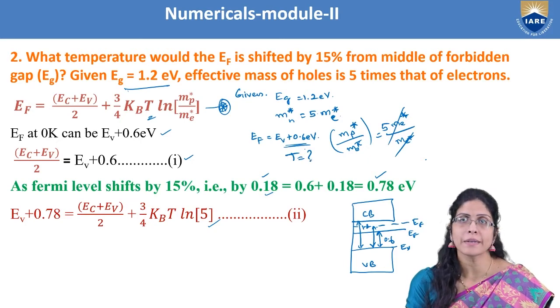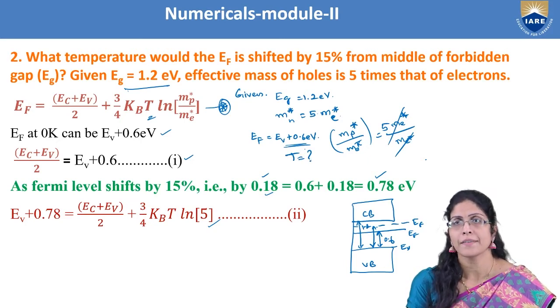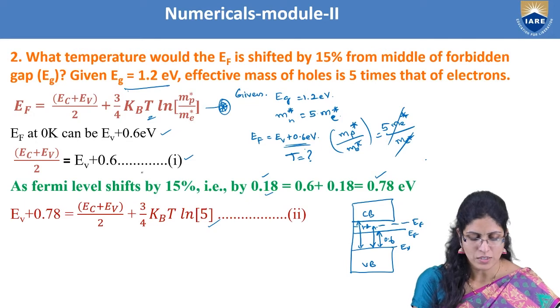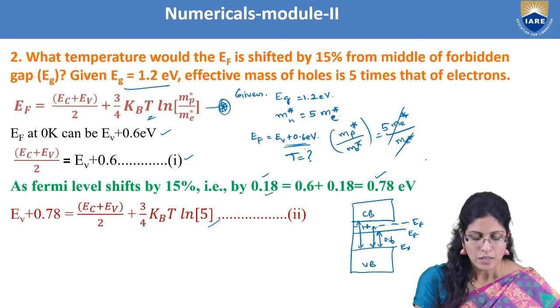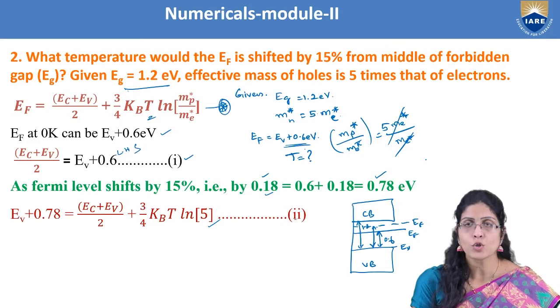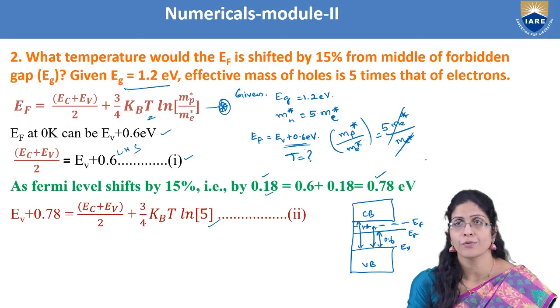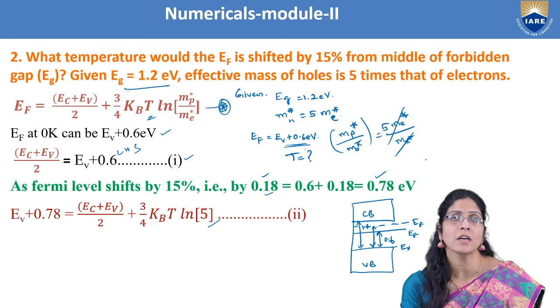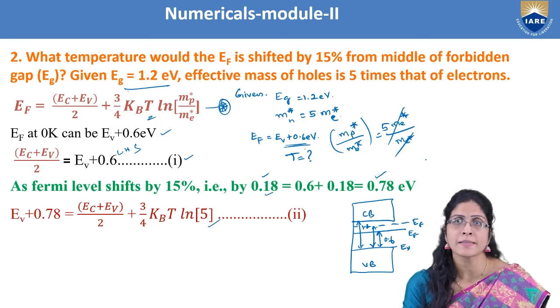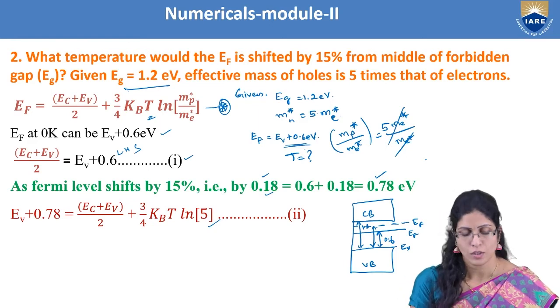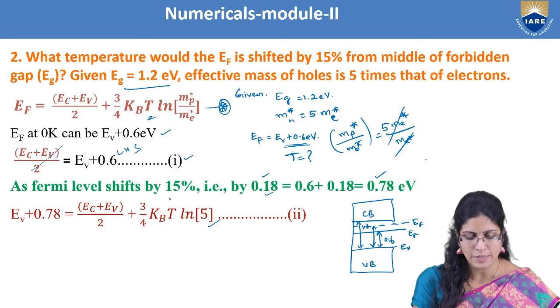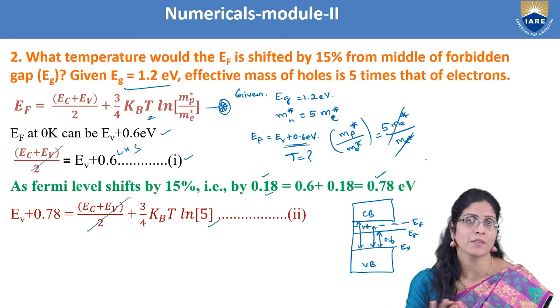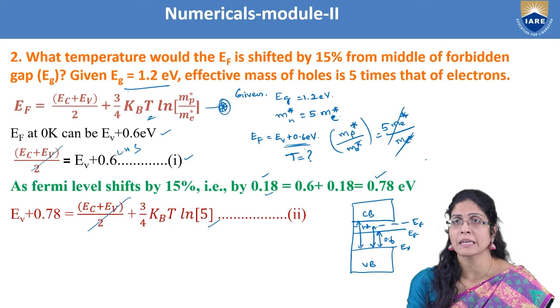So how can you get temperature? You have something which is LHS from 1, which is EV plus 0.6. I just wrote it in a reverse way. So if this is all LHS, and if you subtract 2 from 1, the LHS will go off, remaining something which is the difference of 0.78 and 0.6. And on the RHS, you have EC plus EV by 2 and EC plus EV by 2, which when subtracted will disappear because it becomes 0.